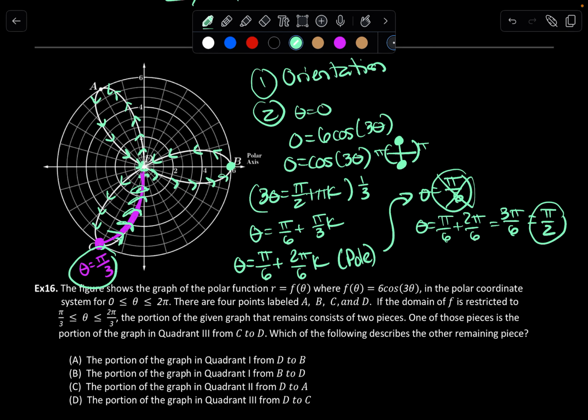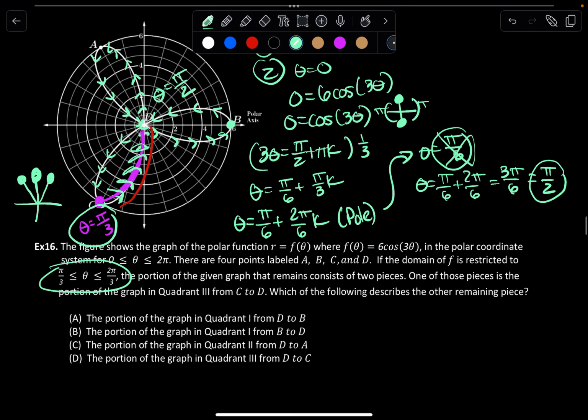That means from here to here, my theta is equal to pi over 2. Now, our angle has to be between pi over 3 and 2 pi over 3. If I think of the unit circle, I have pi over 3 here, 2 pi over 3 here, which means pi over 2 is right in the middle. So theta is equal to pi over 2.